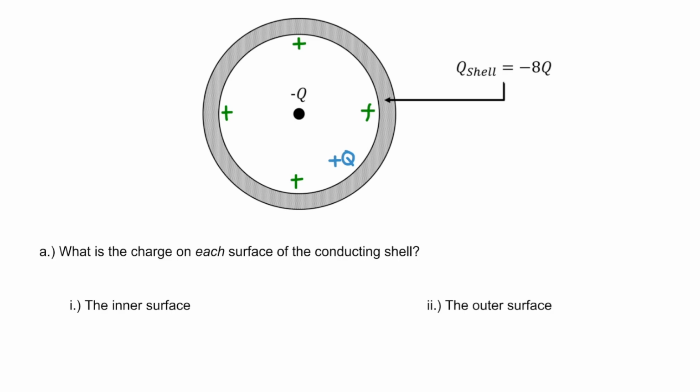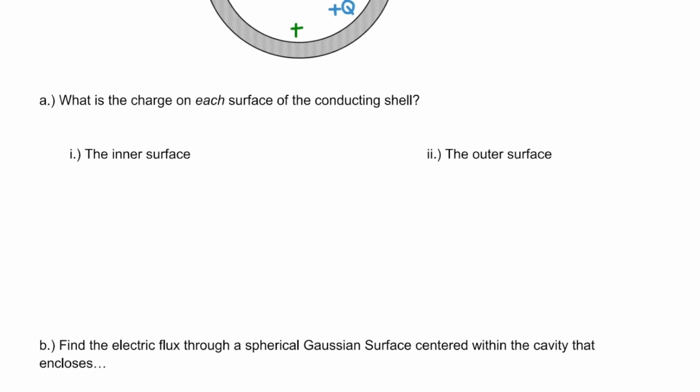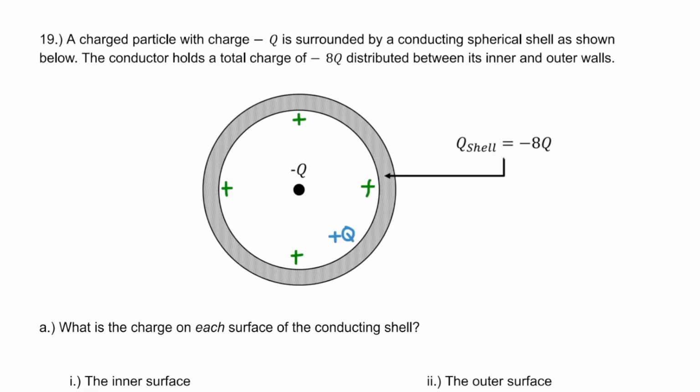And then there's two ways of doing this, the second part. So my inner surface would be plus q. And then there's two ways of doing the outer surface. There's the long way, and then there's the easy way. So for the easy way of doing the outer surface that avoids having to explicitly use conservation of charge, we know that the net charge of the system right now, as I drew it, is zero, because I have plus and minus q.